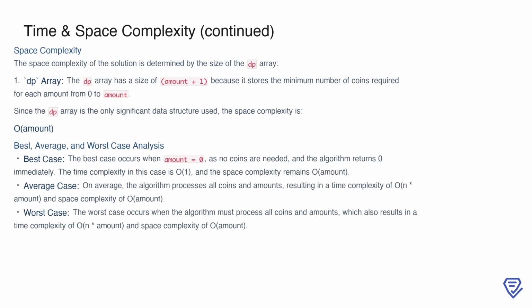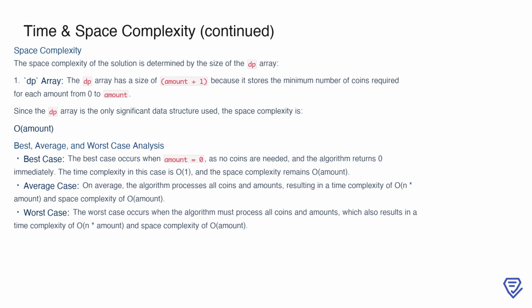Now turning to space complexity, the main factor is the DP array, which is used to store the minimum number of coins required for each amount from 0 to the target amount. Since the array has a size of amount plus 1, the space complexity is O(amount). Beyond this, no additional data structures of significant size are used, so the space consumption remains minimal.